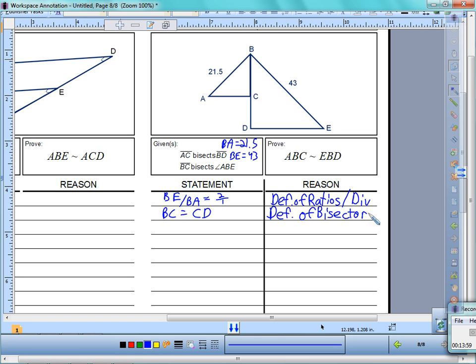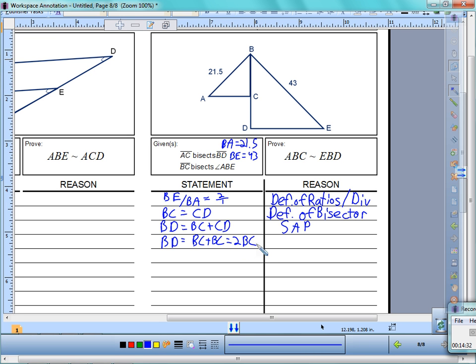And I know that the length of BD is equal to the length of BC plus the length of CD. That, of course, is just the segment addition postulate. So if I plugged in BC here, then I would say BD is equal to BC plus BC, which is equal to 2BC.